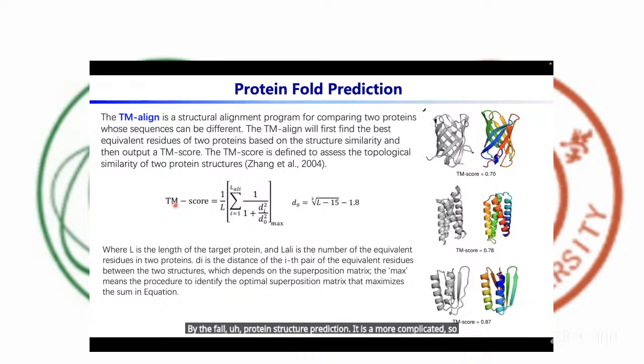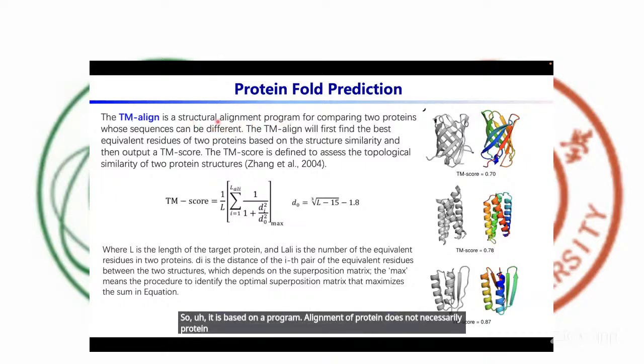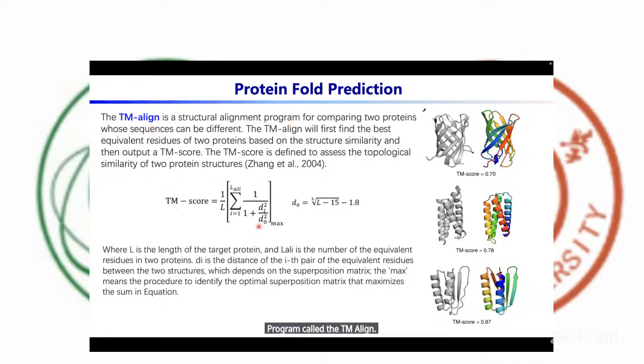That's why people define a certain score called the TM score. It is based on a structural alignment program, not necessarily for proteins only, called TM-align. It has a pretty well-defined score to judge the performance of a predicted structure against the standard structure.